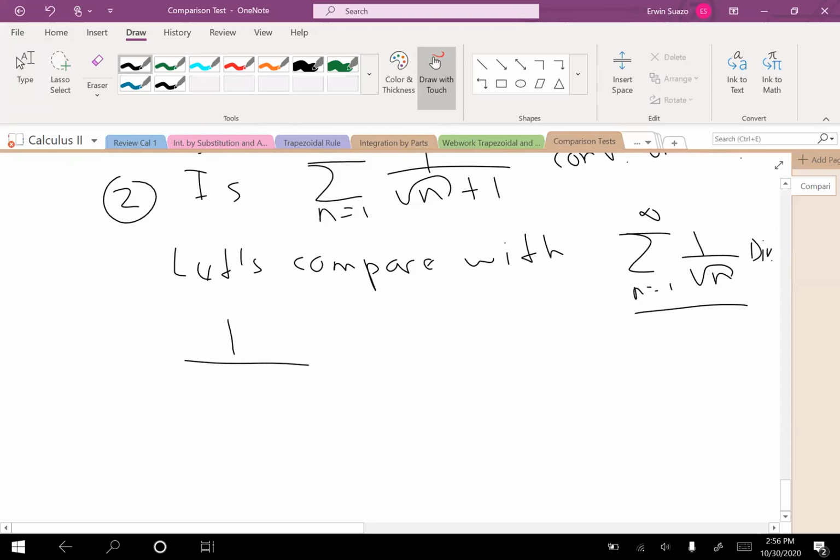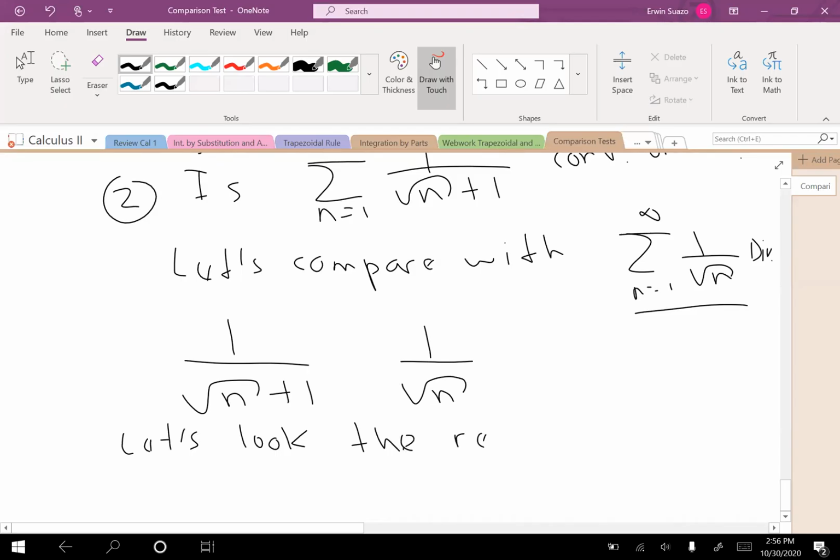So we need to figure out which one is bigger, this one or this one. So we go to fractions, or rather we do the opposite. Let's look at the reciprocal.